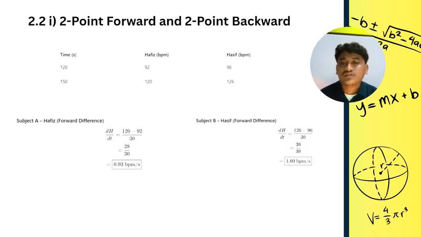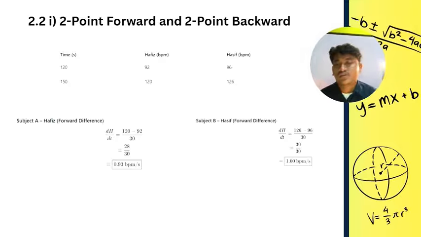Now we are going to calculate the 2-point forward and 2-point backward for the first question. I take the data from 120 and 150 seconds, for subject A, Hafiz, and subject B, Hasif.